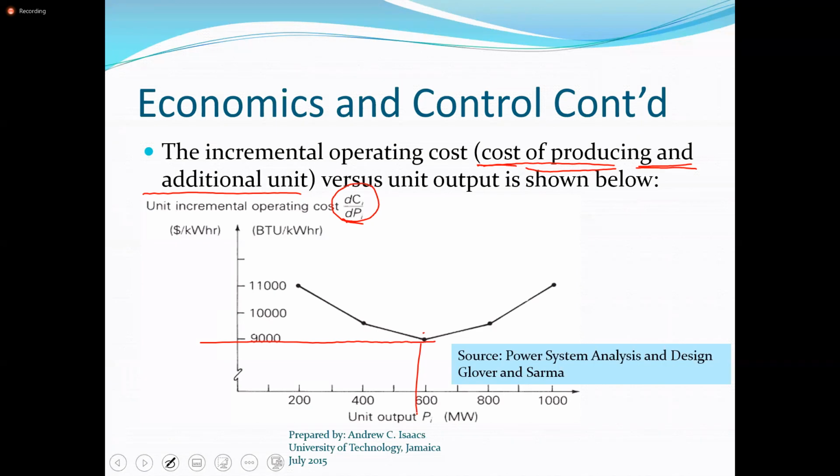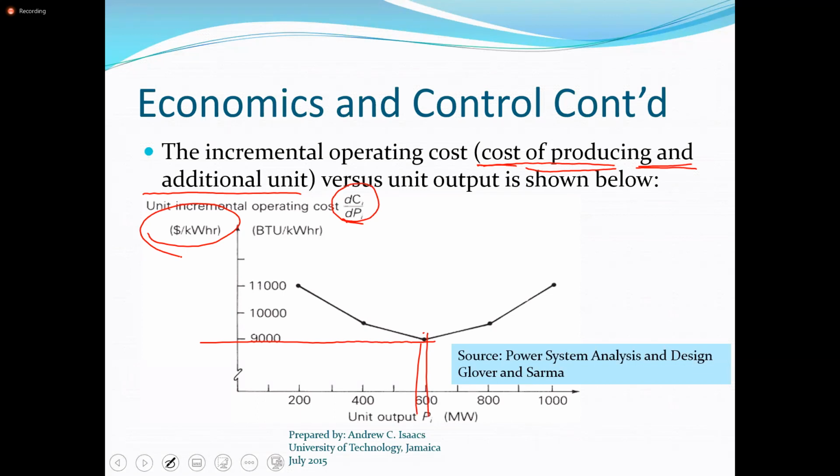What you will note is that at 600 megawatts, the incremental cost is about $9,000 per kilowatt, or 9,000 BTU per kilowatt hour. We'll talk about that in a little more detail in a few minutes.